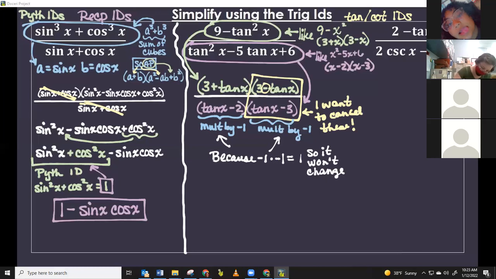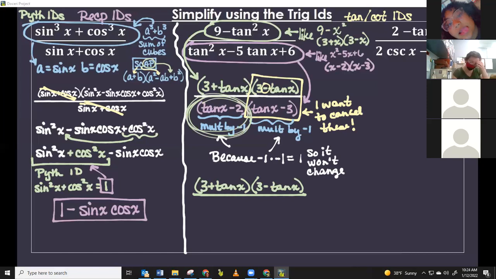Okay, so if I do that, just kind of thinking through some ideas here. 3 plus tan x, 3 minus tan x up here. What would I get in this first term right here if I multiply that by -1?